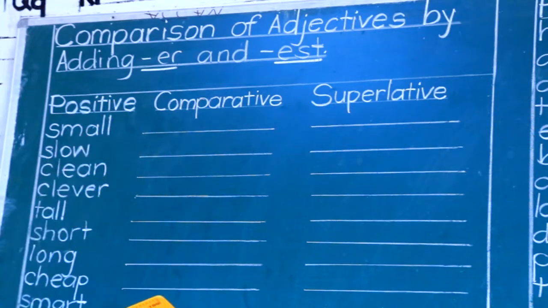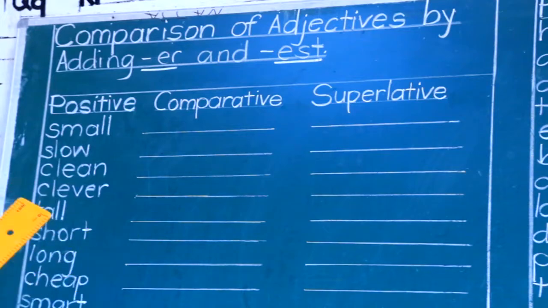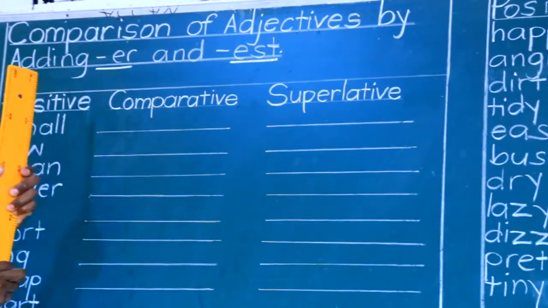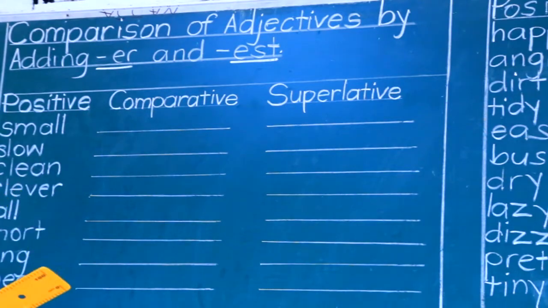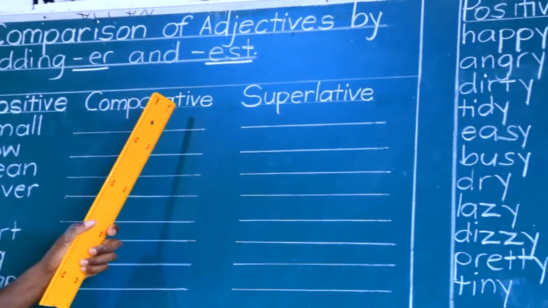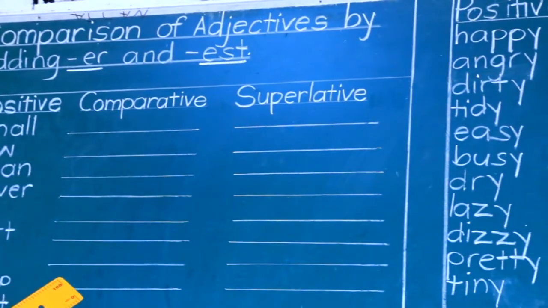We are going to form the comparative degree of these given adjectives by simply adding ER. After forming the comparative by adding ER, you will go to the superlative and still add EST as shown in the instructions. We have to really understand this. After understanding, you will be able to apply it.